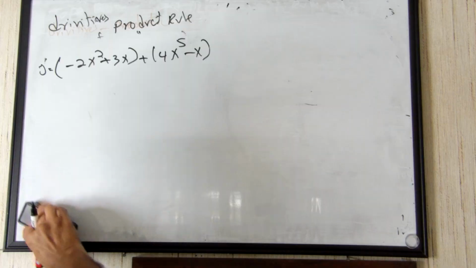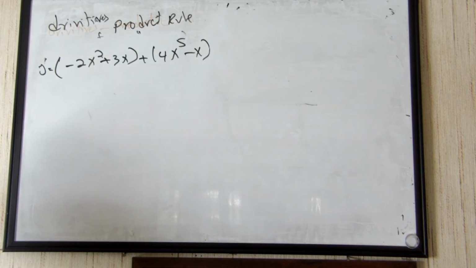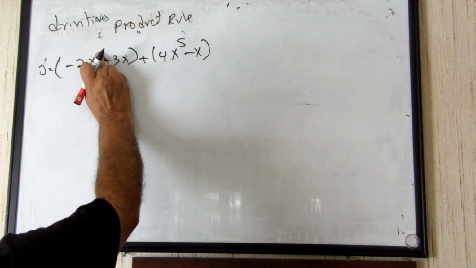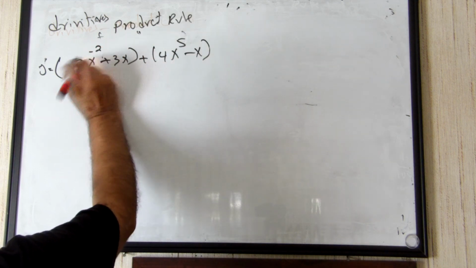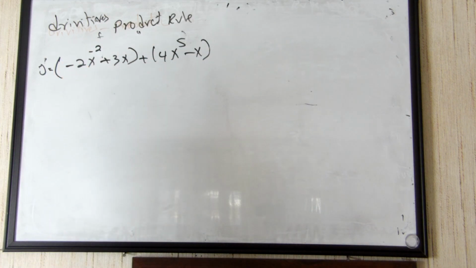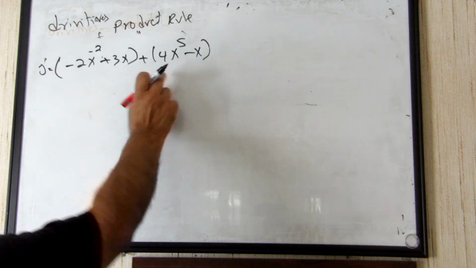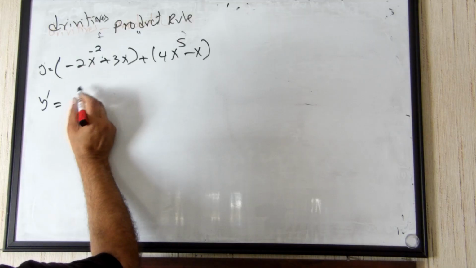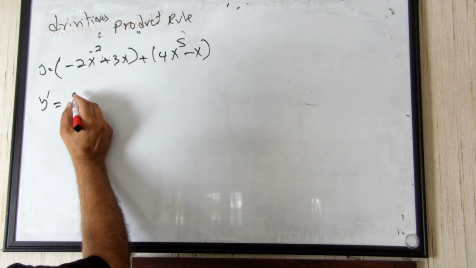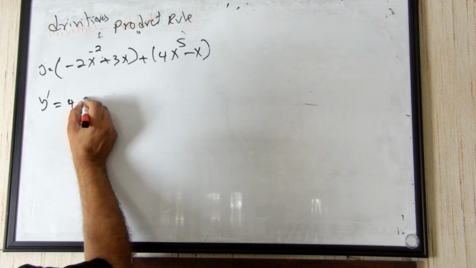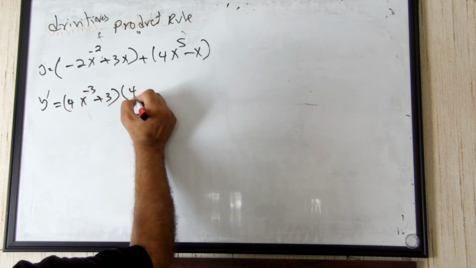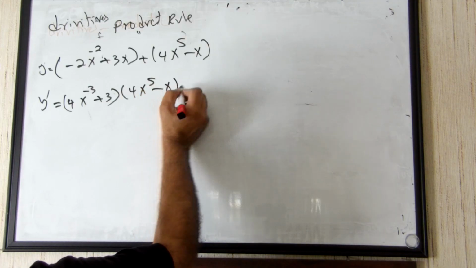Let's do this one. Okay, I'll give you an example here where we make it a little bit harder, with a minus 2. Okay, the derivative of this one times this one: y prime is going to be the derivative of this one, minus 2 comes here, times 4x minus 3 plus 3 times 4x to the 5 minus x.